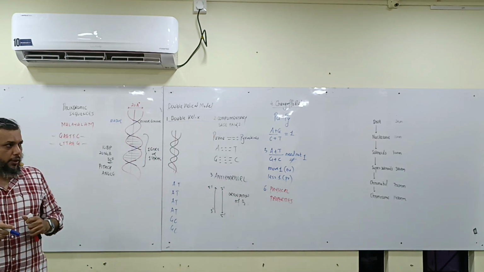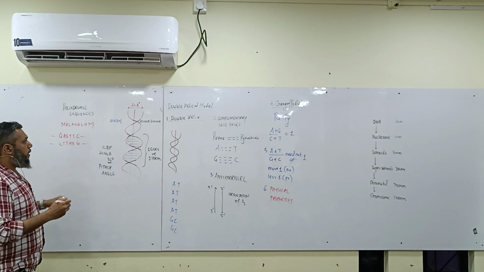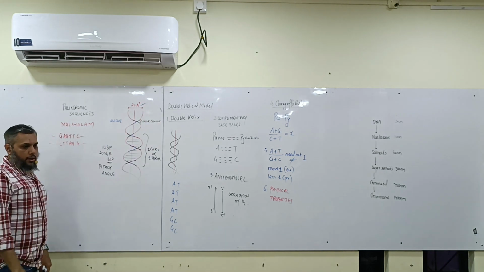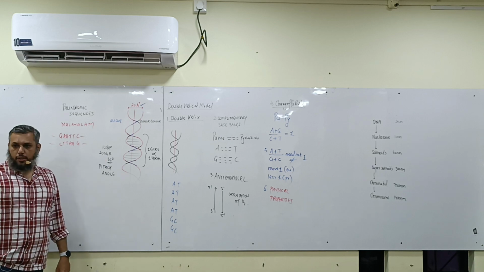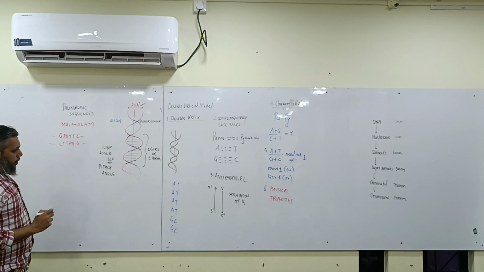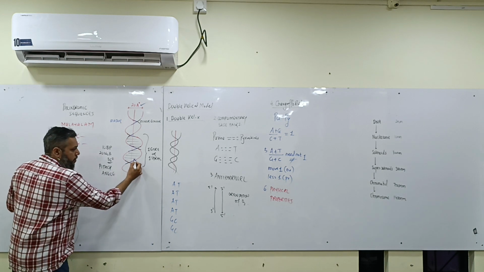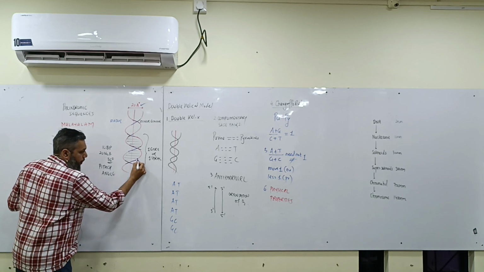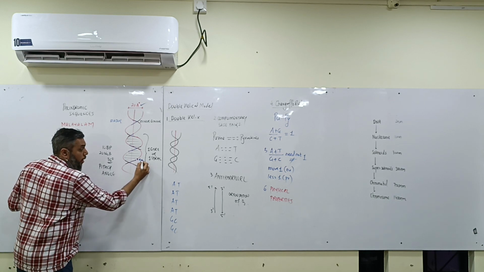Then regarding the physical properties, remember the correction: it is not 20 nanometers, it is 20 angstroms. I can add one more over here. How much is the distance between two nitrogenous bases? 3.4 angstroms.